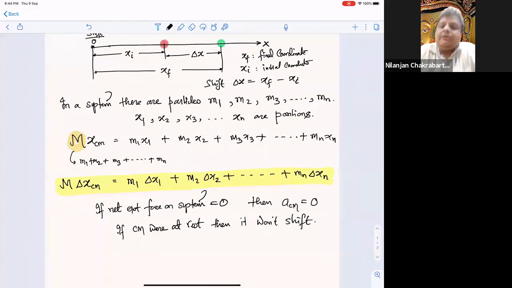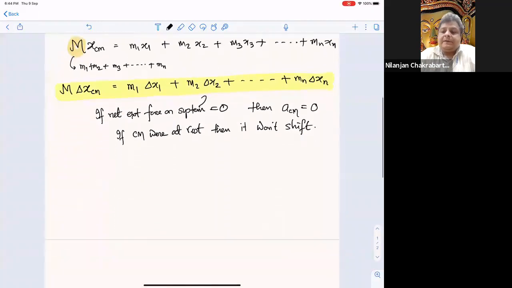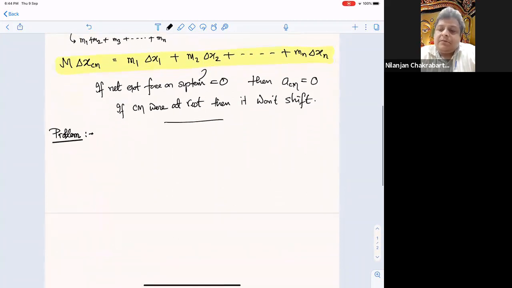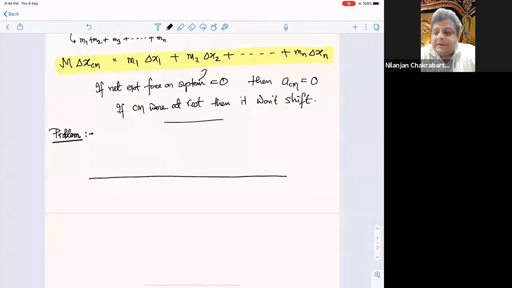Okay, so we will use this formula to solve one or two problems. These are also very common problems. One problem I will solve for you and one problem you will solve on your own. First problem, the both problems will be almost similar. It's like this.